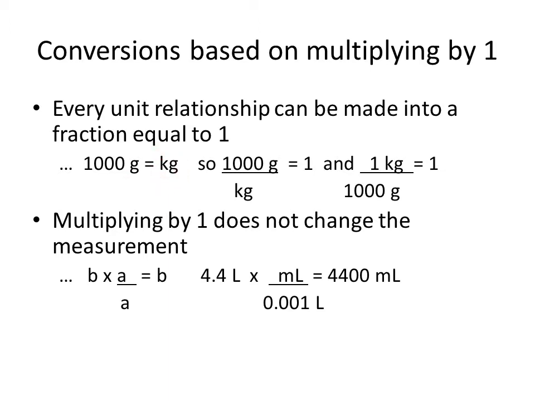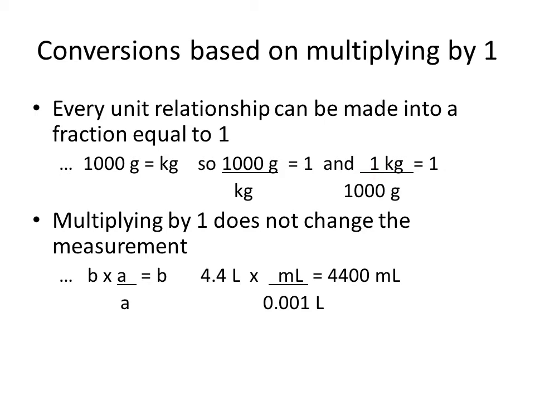So if I create a fraction from this equal statement, I will get either 1,000 grams over a kilogram, or I can have a kilogram over 1,000 grams. Both of these are equal to 1. It doesn't matter which one we look at, how we put it. If we put the 1,000 grams over a kilogram right here, it's equal to 1. If we put a kilogram over 1,000 grams, it's equal to 1.